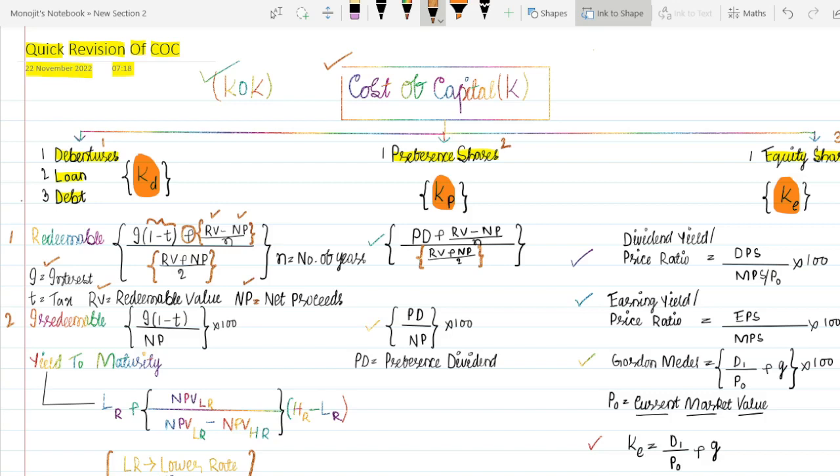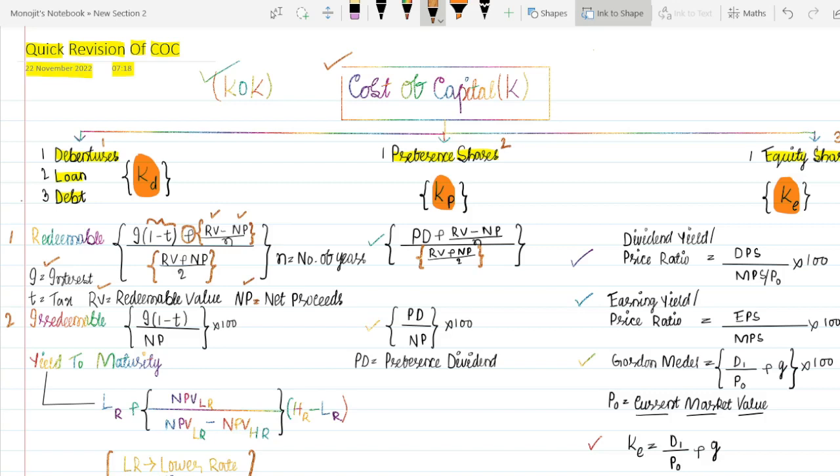So in case of preference share, a person doesn't get the benefit of tax. It means preference dividend has no benefit of tax.